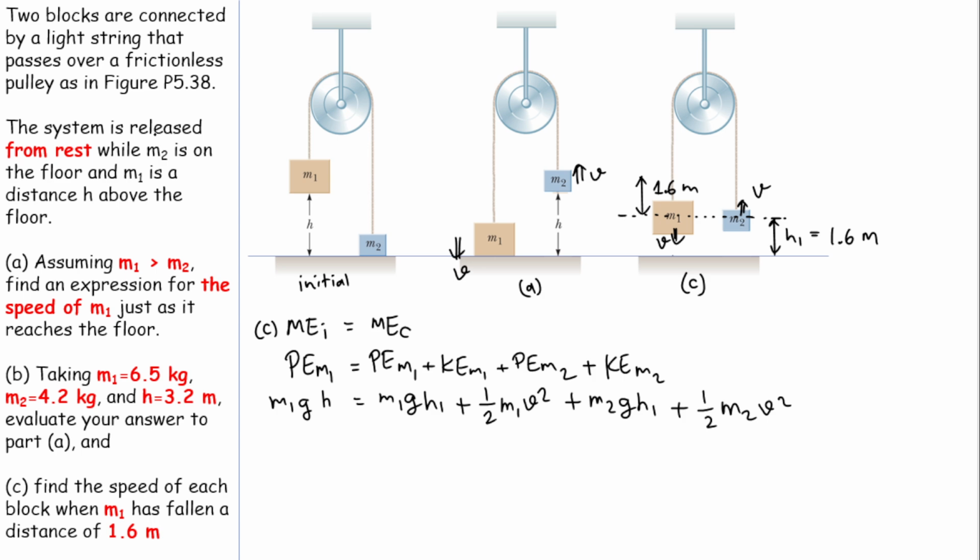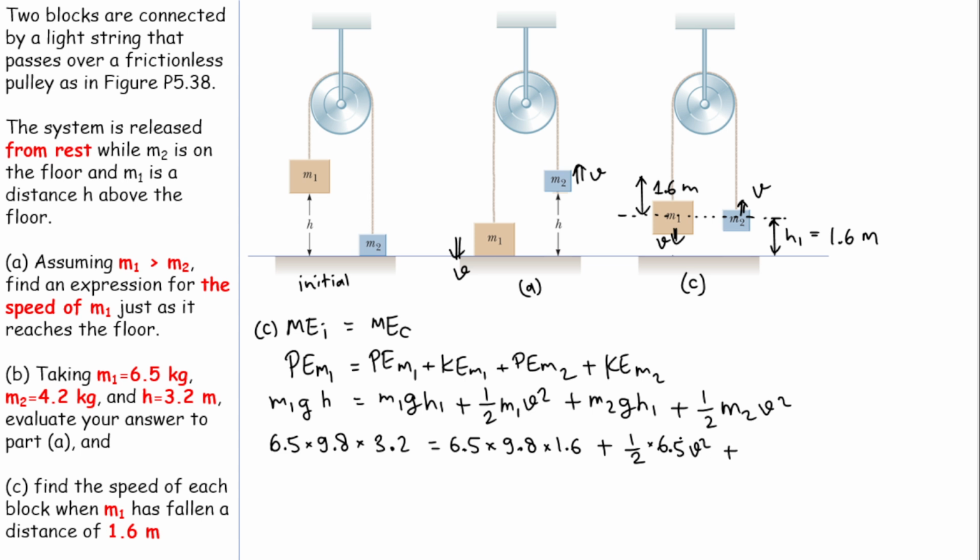Now let's plug in the numerical values. M1 is 6.5 kilogram. G is 9.8. And then H here is 3.2. Good. Then on the right hand side, I will have 6.5 multiplied by 9.8 multiplied by 1.6. And then plus 1/2 multiplied by 6.5 multiplied by V squared.